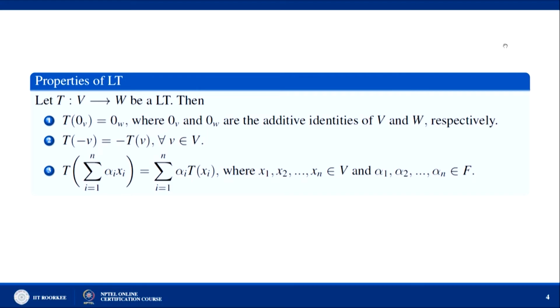The second property is T of minus V, where minus V is the additive inverse of V, is always equal to the negative of T V, that means the additive inverse of T of V. So, again it is easy to show.